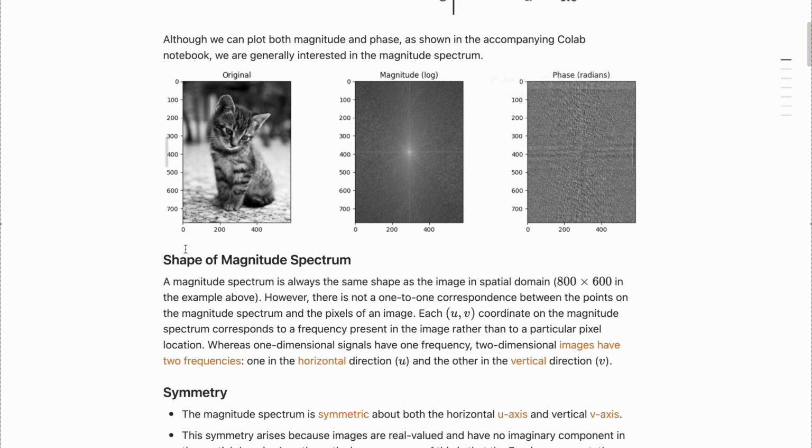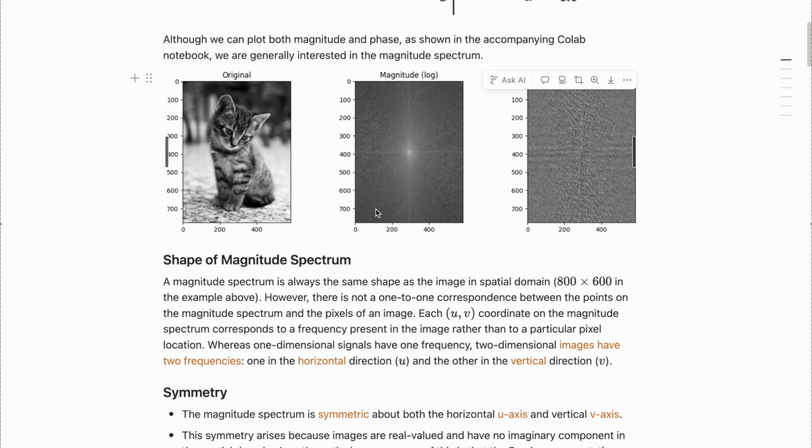So first notice that the shape of the magnitude spectrum is exactly the same as the original picture. So this is 800 by 600, this is 800 by 600. But it's very important to understand that there is not a one-to-one correspondence between a point on the original image and a point on the magnitude spectrum. That is, this point here does not represent this point here.